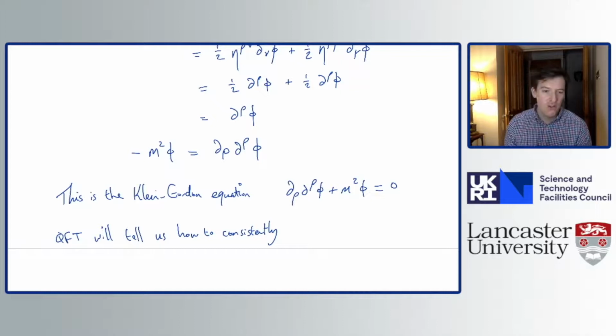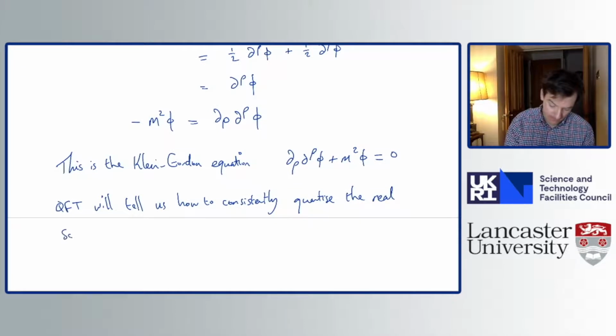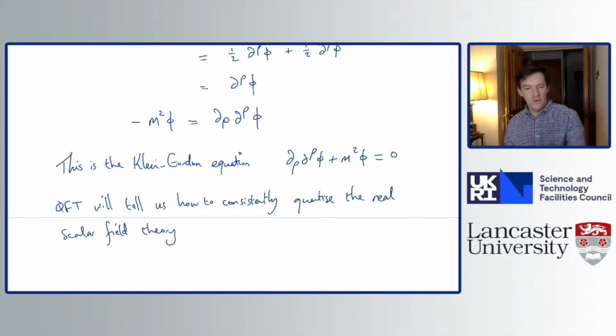We have to do much more. We have to introduce this quantum field theory formalism to consistently quantize this theory of the real scalar field. And quantum field theory, thankfully, does not have these issues that people ran into of negative energies, and it doesn't have this issue of negative probability densities.